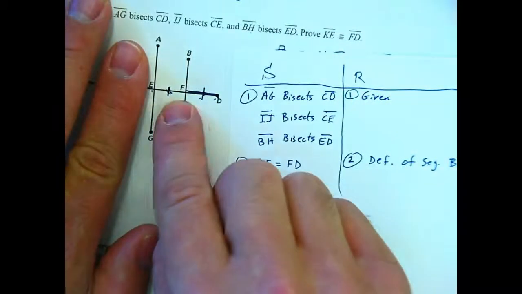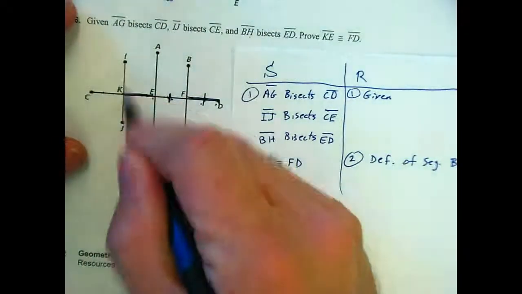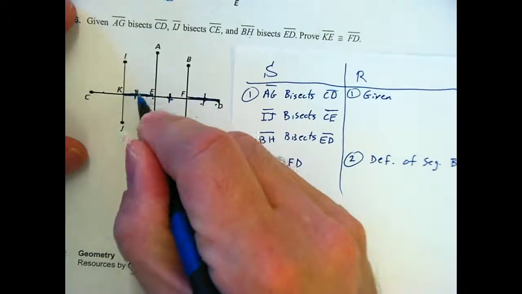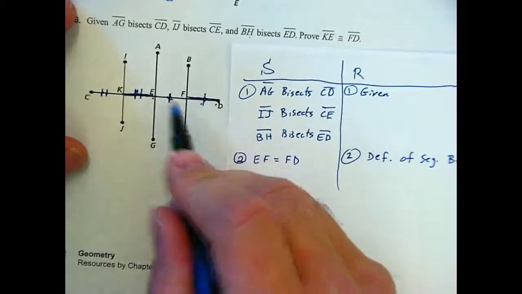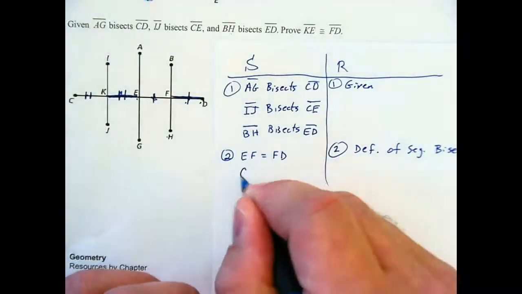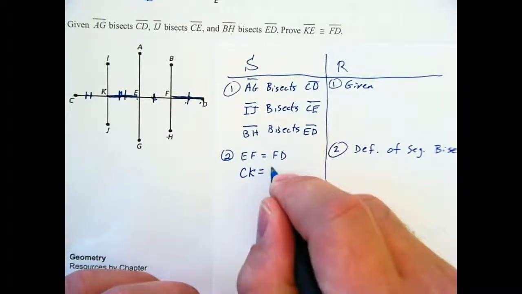Does that mean that KE is congruent to EF? We don't know that for sure. We just know that this bisects this, so we know that that is congruent to that. It does not mean it's congruent to this yet, based upon what we said. So we could say CK is equal to KE.